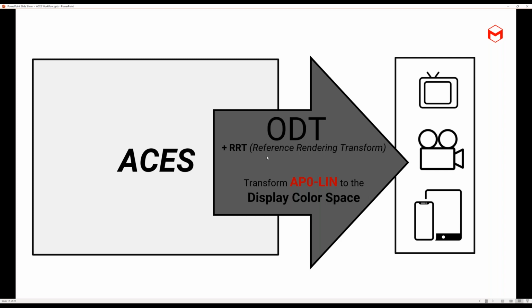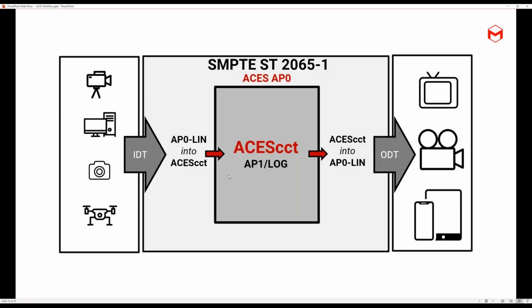There's history about that, but let's not go into it because we want to save time and see how ACES works in action in Resolve. Just understand that the RRT is happening in the background when you're setting your ODT, and it is a process that you cannot bypass. It happens in the ODT, right?